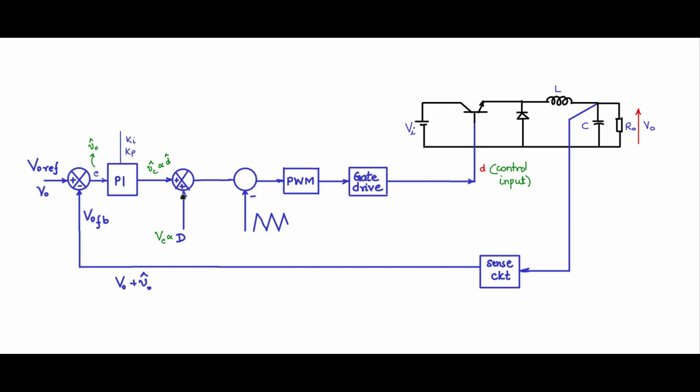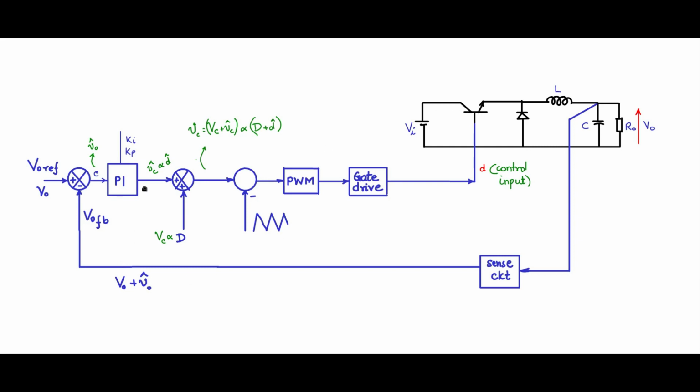On adding these two, I have VC plus VC hat, the voltage proportional to the nominal duty cycle plus the voltage proportional to the deviation in duty cycle, which together are proportional to D plus D hat. That is the voltage signal which is going to get modulated with this triangular carrier, and that PWM is driving this gate, switching the buck converter transistor on and off.